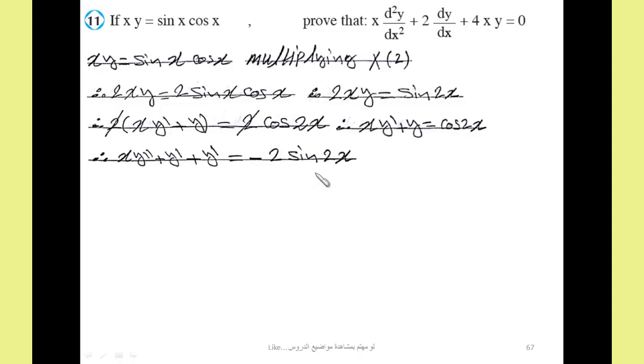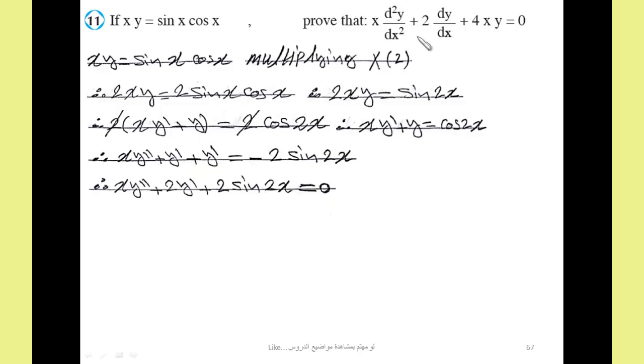And we simplify. We have y dash plus y dash, it will be 2y dash. So the left hand side will be x y double dash plus 2y dash, minus will be plus. We will move it from the right hand side to the left hand side, so it will be plus 2 sine 2x, equals 0.